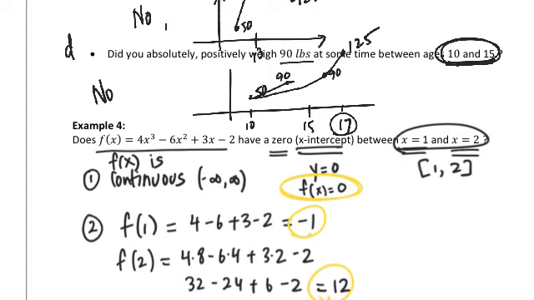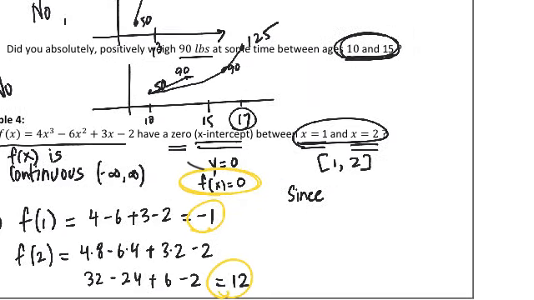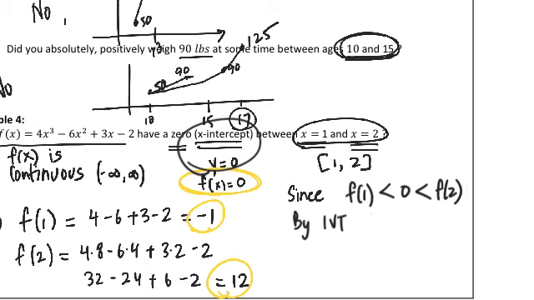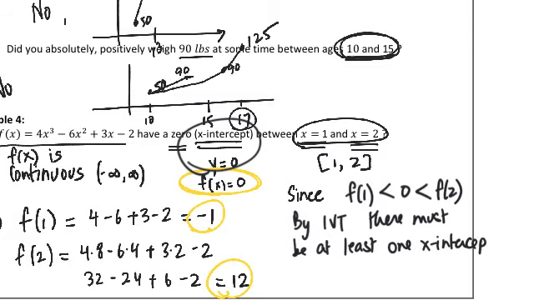We can say it this way: f of x is continuous, f of 1 is negative 1, f of 2 is 12, and since 0, the y value of an x-intercept, is between f of 1 and f of 2, by IVT there must be at least one x-intercept on this interval 1, 2.